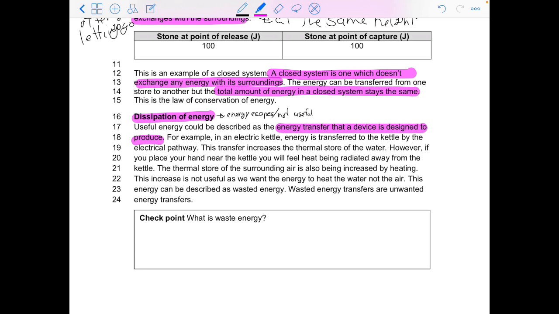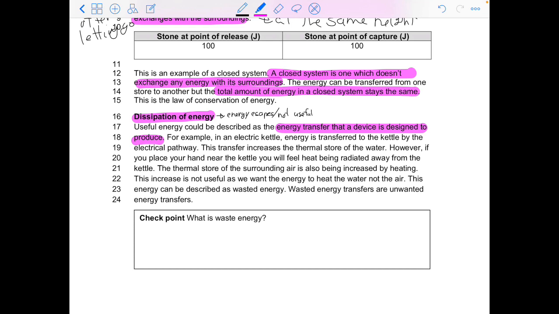So by using that electricity, we increase the thermal store of the water. However, unless you have a perfectly insulated kettle, you'll notice that the air around the kettle also increases. That's usually not why we turn on the kettle. We don't turn on a kettle to increase the temperature of the air around it. So that will be waste energy. So that's not the useful energy.